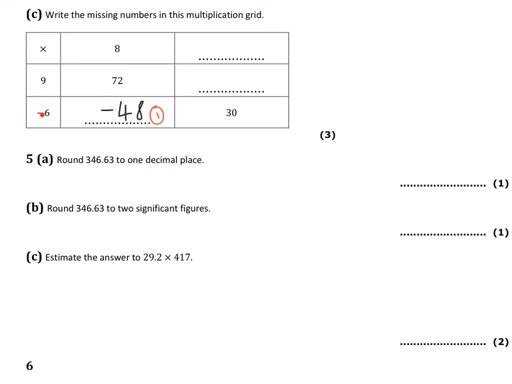So we go from minus 6 times by something is going to give 30. Minus 6 times minus 5 gives 30. So minus 5. And that means you can do the final calculation, which is 9 times minus 5, which is minus 45.